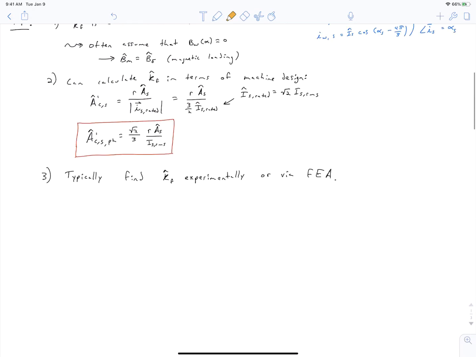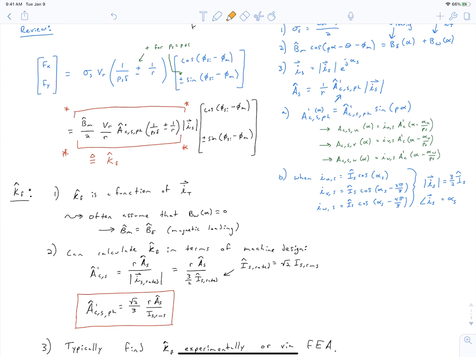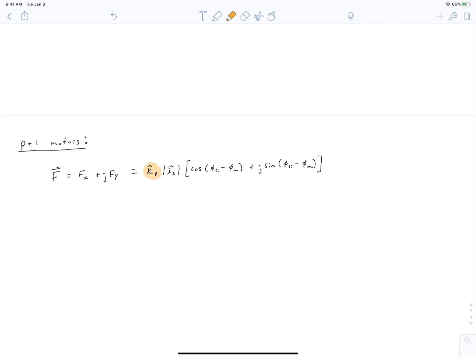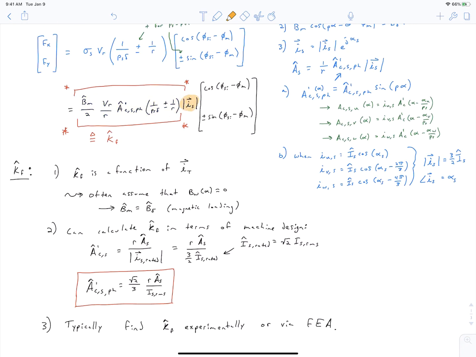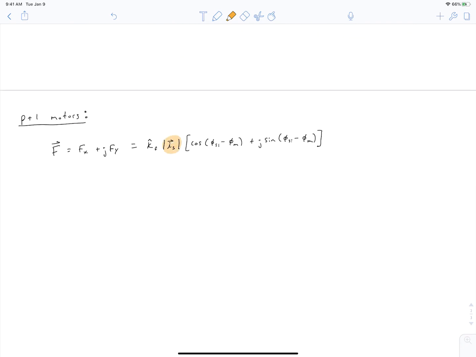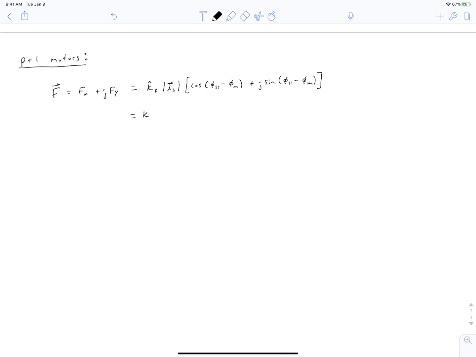And so again, referring to this equation, this whole term is kf hat, and you see that down here as kf hat. This term, the magnitude of our current space vector, is again down here the magnitude of our current space vector. And similarly, I brought down the cosine and sine terms and attached the appropriate real or imaginary unit vector to them. And so if we use Euler's law, we can express this as an exponential.